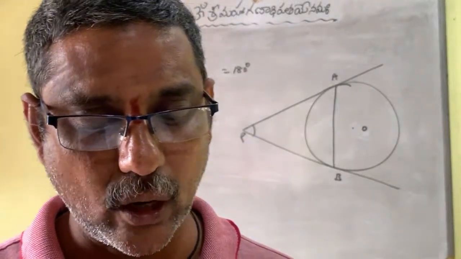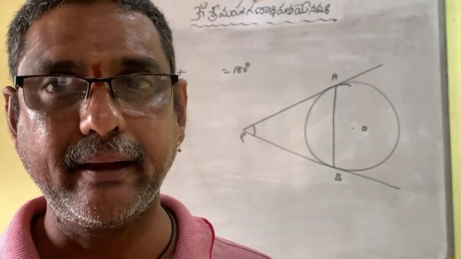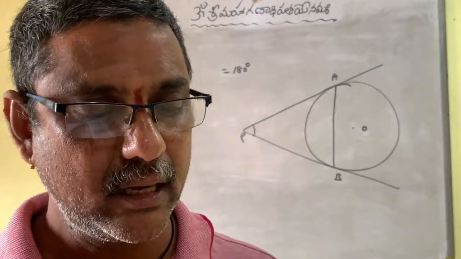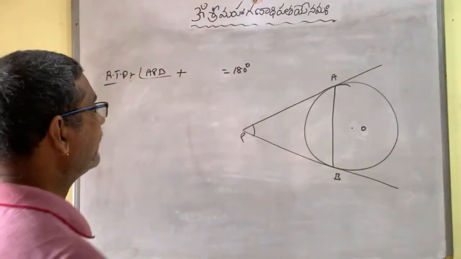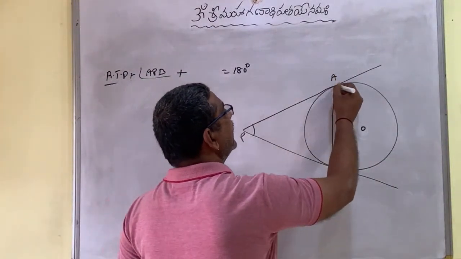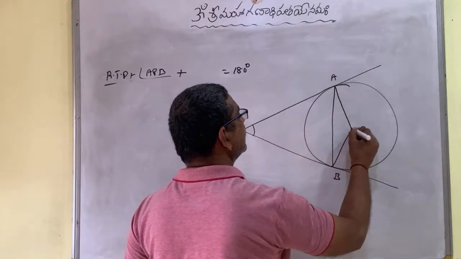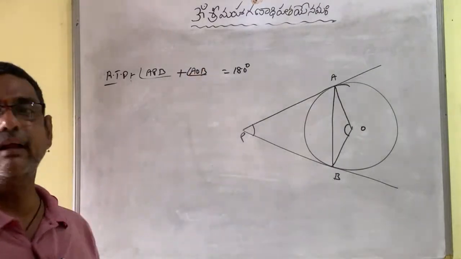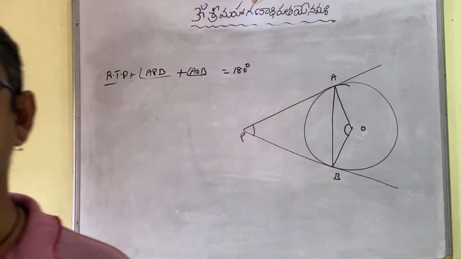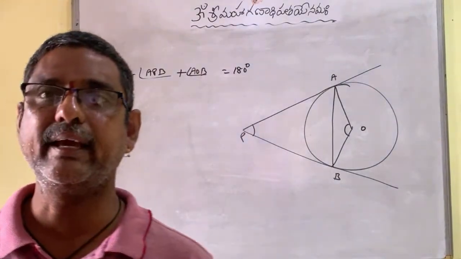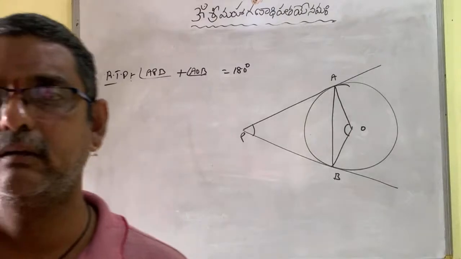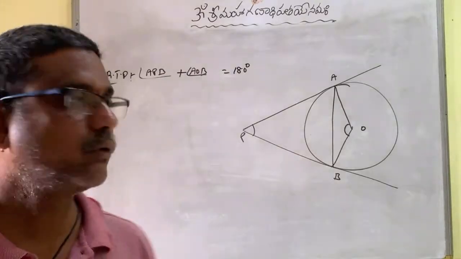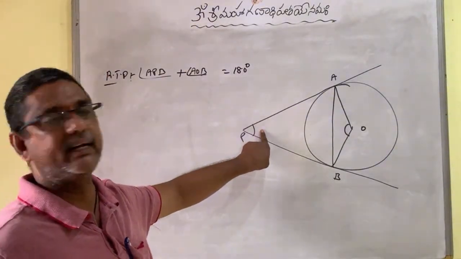The angle subtended by the line segment joining the point of contacts at the center means whatever the angle subtended by AB at the center, this angle. We need to prove the sum of those two angles is 180. See, it is the statement you have to understand first. If you are not able to understand the statement, you cannot prove it. So what is this angle?